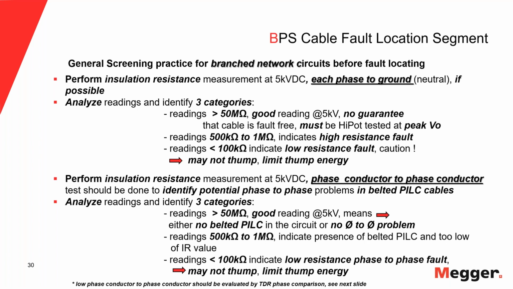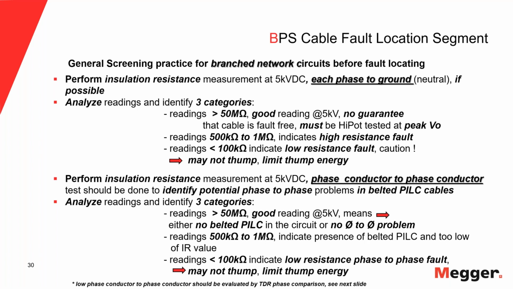Paper typically has lower insulation resistance than solid dielectric cable, so I lowered the number down to 50 megohms for a good resistance. If you have a high reading, that means either you have no belted cable or you have no phase to phase problem. One of the two.